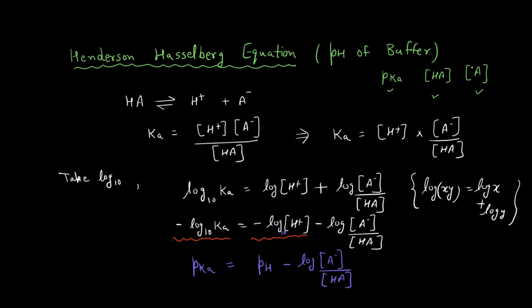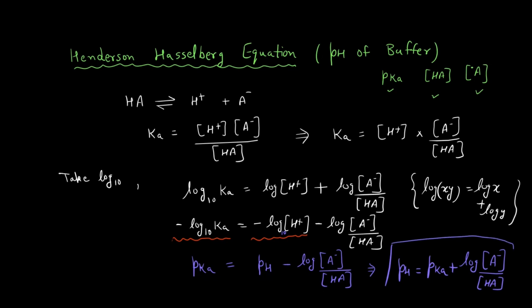Now we can rearrange this equation. We bring the log of concentration of A- over concentration of HA to the other side, and we get pH equals pKa plus log of concentration of A- over concentration of HA.